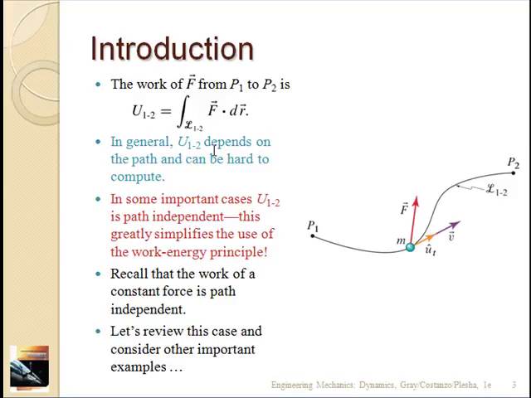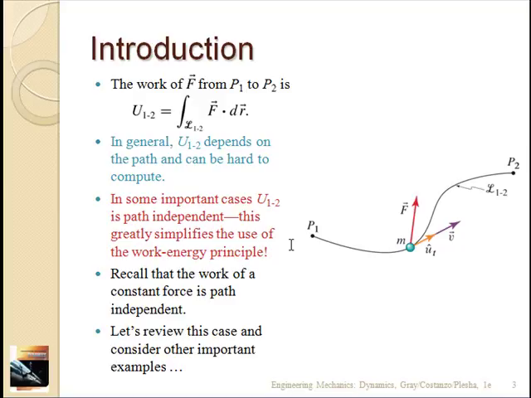So we've talked about work. We've derived this formula for the work done, U1,2, going from position 1 to position 2 under some force F, and it's just the integral over the path of F dot dr. And for many types of forces, this work done is independent of the path.